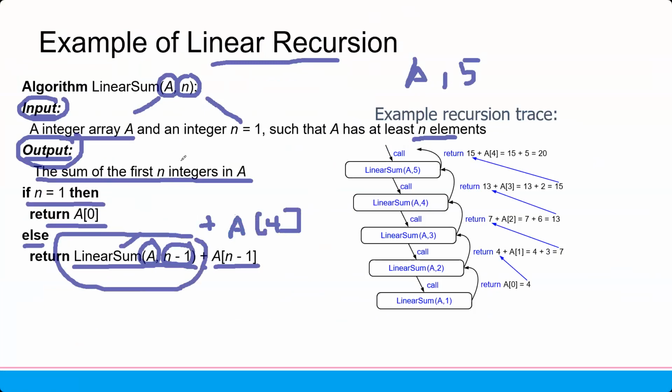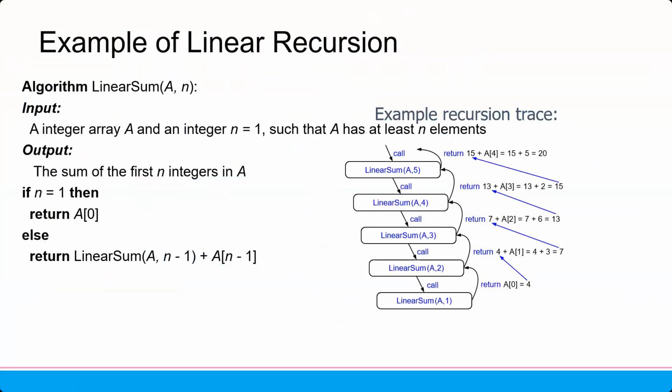the algorithm. Again, we will call this algorithm, linear sum of A comma 4, and then plus A index 4, if we have N equals 5.